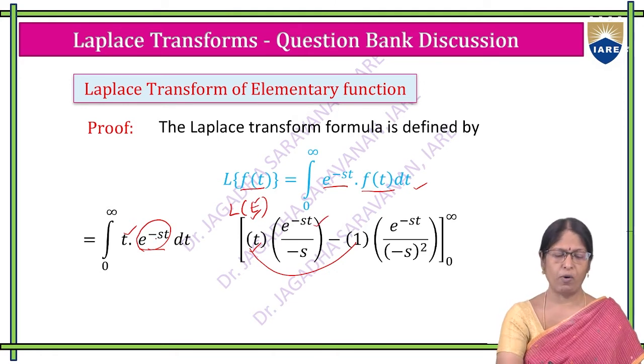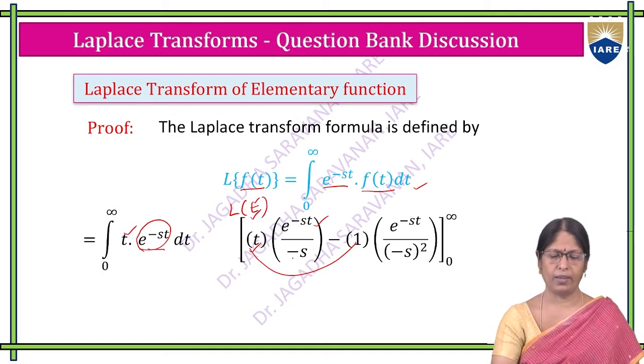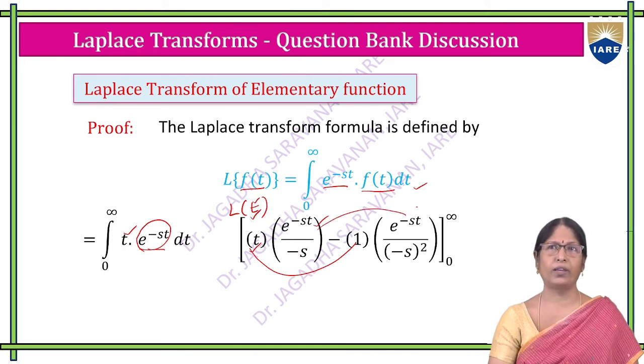That is, the integration of e power minus st is e power minus st divided by minus s. Again, we keep on integrating: e power minus st divided by minus s, but since minus s is already there, it becomes minus s the whole square.